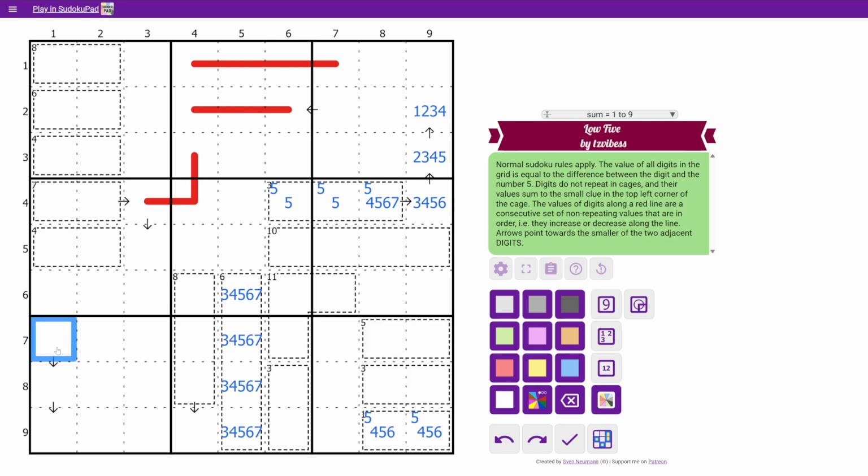This could be a 9. This could only be a 9 if it was with a 5. Where else can 9 not go? I'm not sure yet. This cannot be a 9.